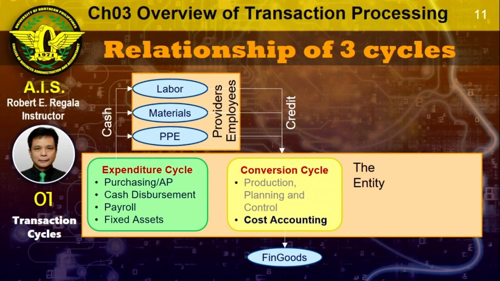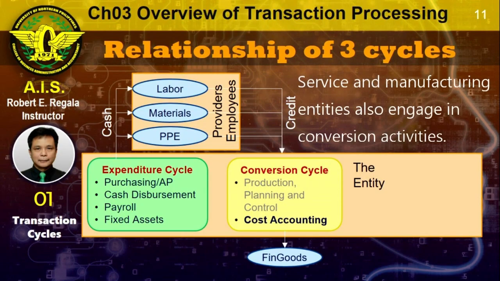The conversion cycle is not usually formal and observable in service and retailing establishments. Nevertheless, these firms still engage in conversion cycle activities that culminate in the development of a saleable product or service.